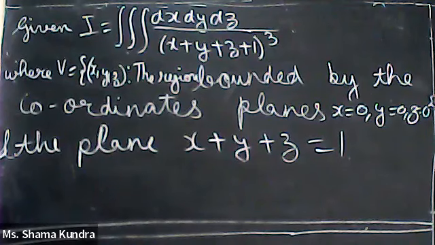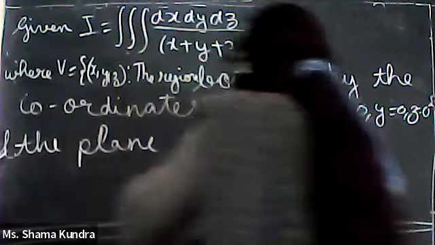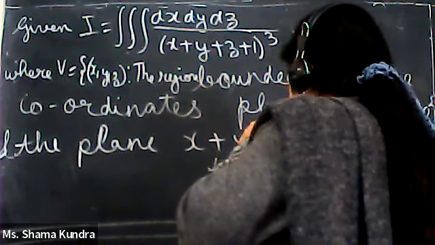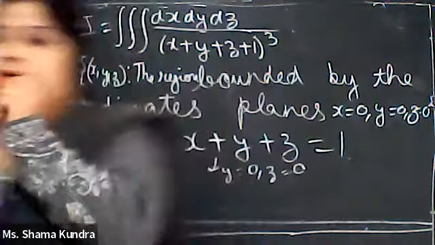Now, the next step is to find the limits. For finding limits, treat x as constant. When you treat x as constant, put y equals 0 and z equals 0 in this equation.